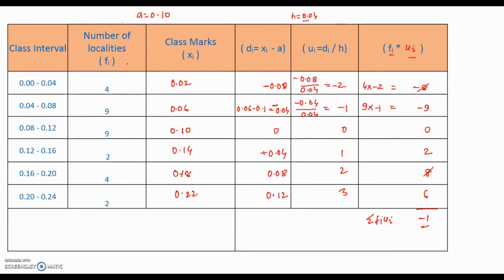Let us write the formula here. Mean is equal to a plus sigma fi ui by sigma fi, whole multiplied by h. What is a? A is 0.10. So 0.10 plus sigma fi ui, which is minus 1. What is sigma fi? How many localities are there?